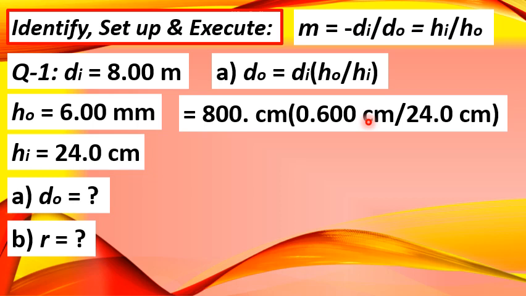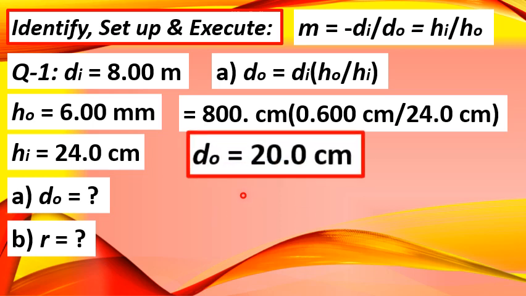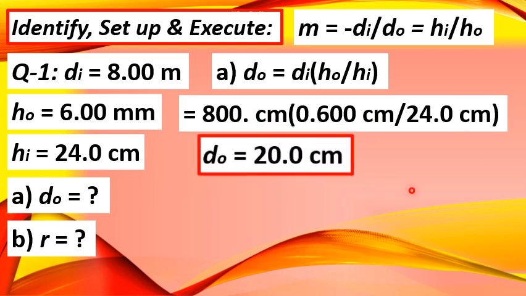We just converted 6.00 millimeters to centimeters, and that's divided by hi equal to 24.0 centimeters. So doing our math, we will get the magnitude of the object distance equal to 20.0 centimeters.